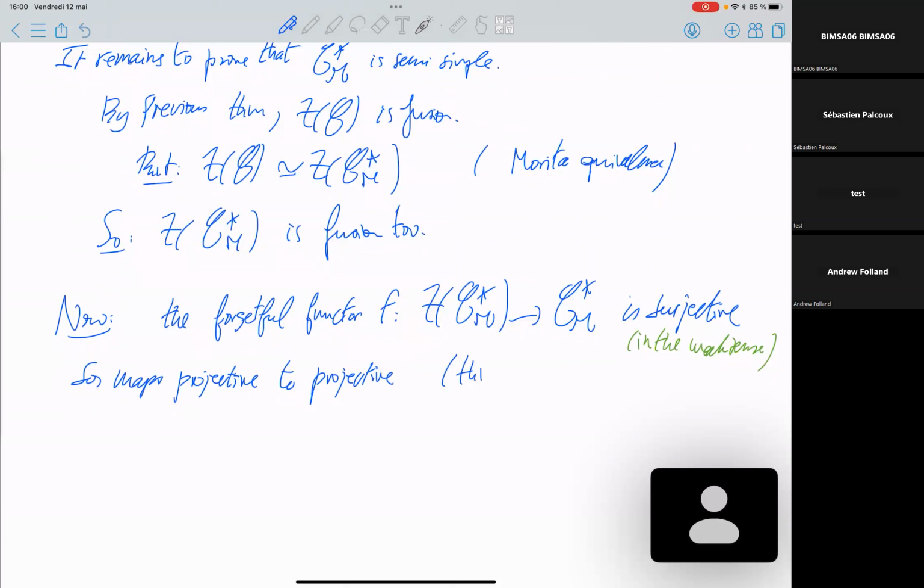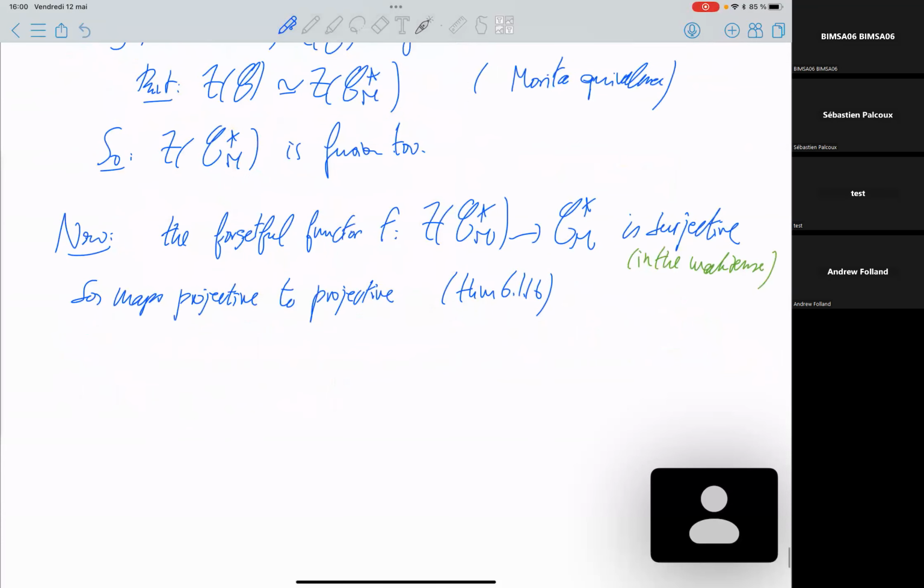This is theorem 6.1.16 in the book. So the forgetful functor is a tensor functor.